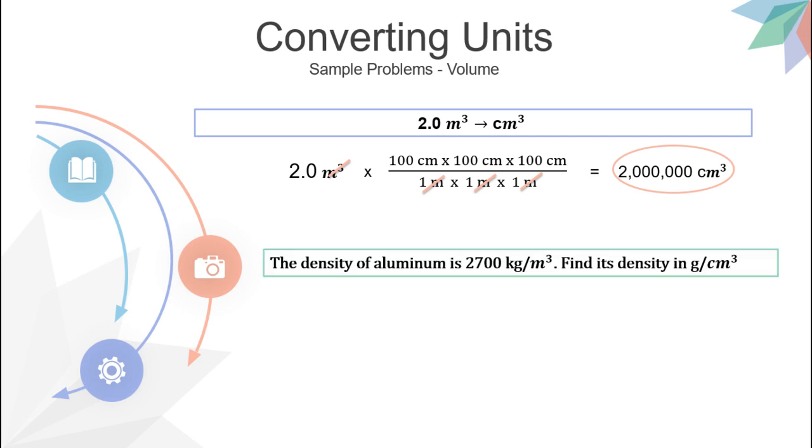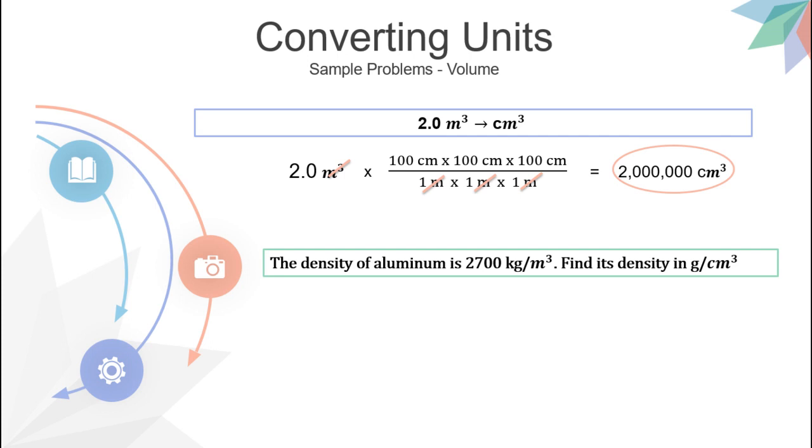The density of aluminum is 2,700 kg per meter cube. Find its density in gram per centimeter cube. So we have two units to convert to two units as well: kilogram to gram and meter cube to centimeter cube.